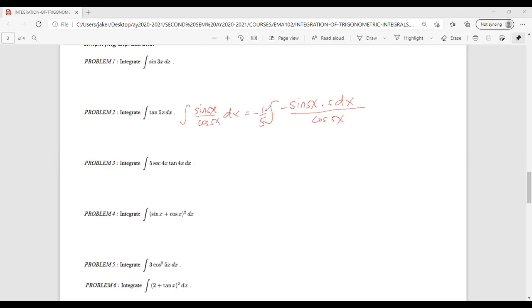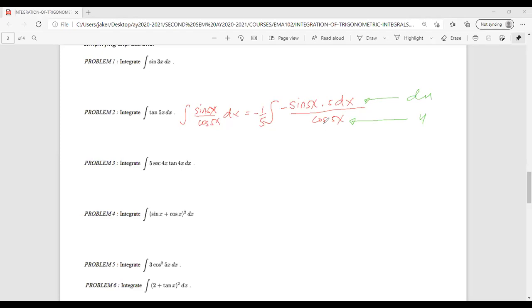What do you think I am doing? Why did I have to complete the one that I have in the numerator? If this is the u, this one is the du, right?